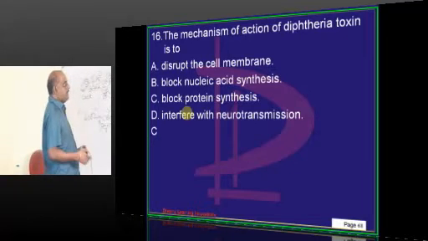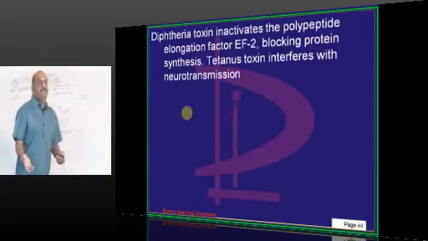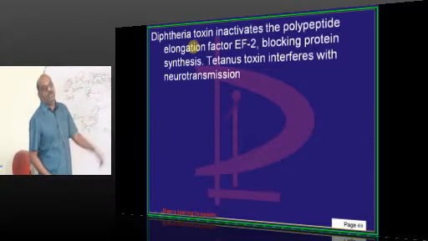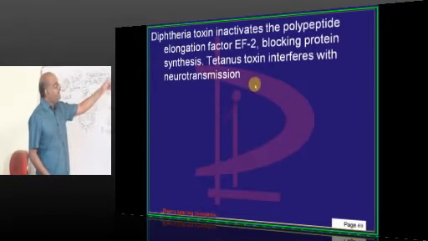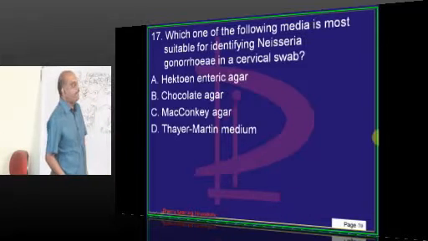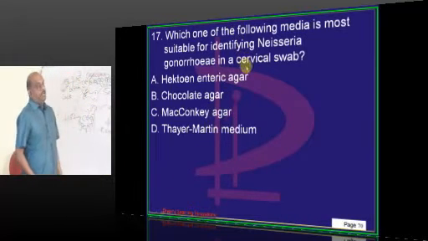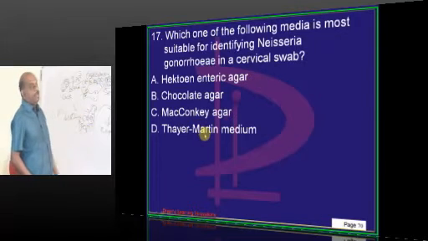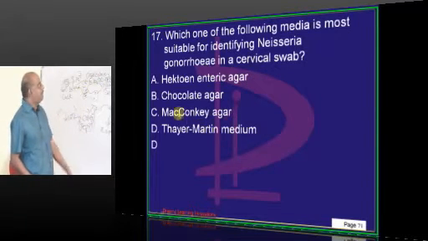It basically produces an elongation factor inhibitor. So it inactivates the elongation factor, and that in turn will block the protein synthesis, which is the mechanism of diphtheritic toxin. You want to take Neisseria gonorrhea in a cervical swab, then what is the best medium to do that?